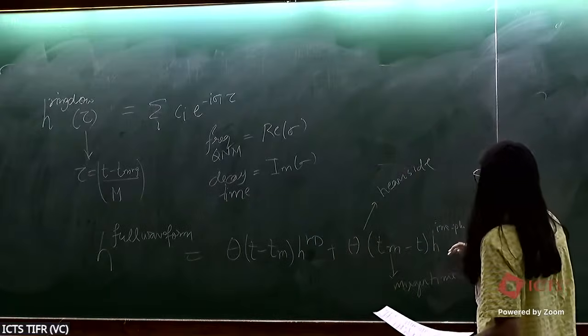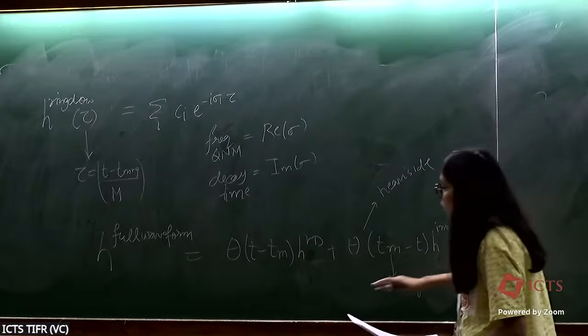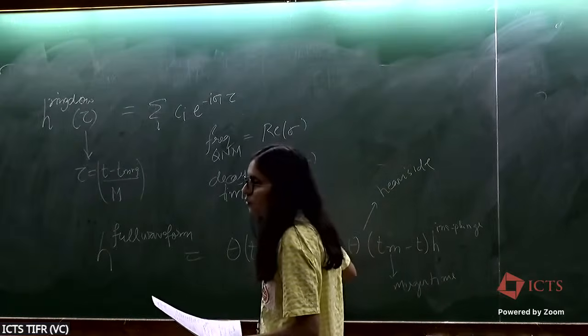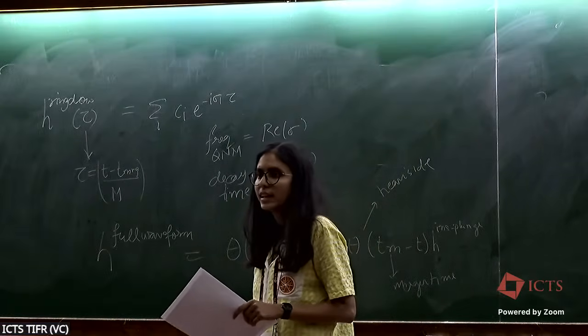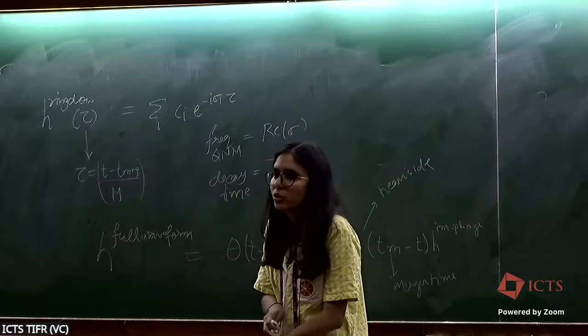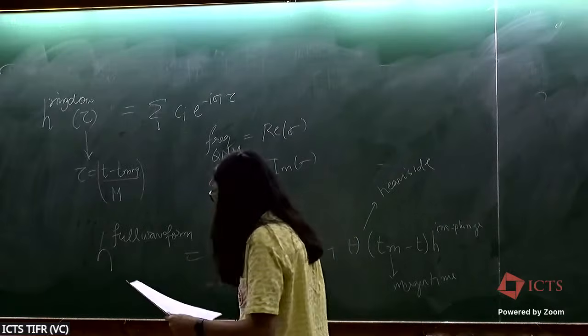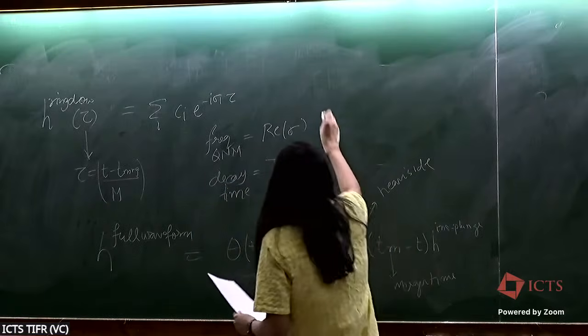Before the merger, it should be the in-spiral plunge waveform, and after the merger, it should be the ring down waveform. And if there are any other coefficients lying in the system, they should be matched with the numerical relativity simulations. For the non-spinning case, this worked quite well, as I said.